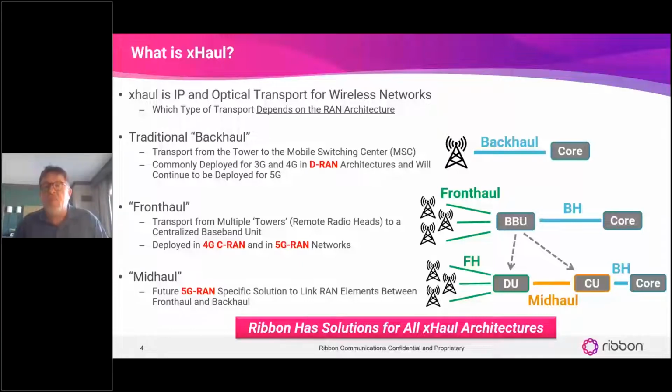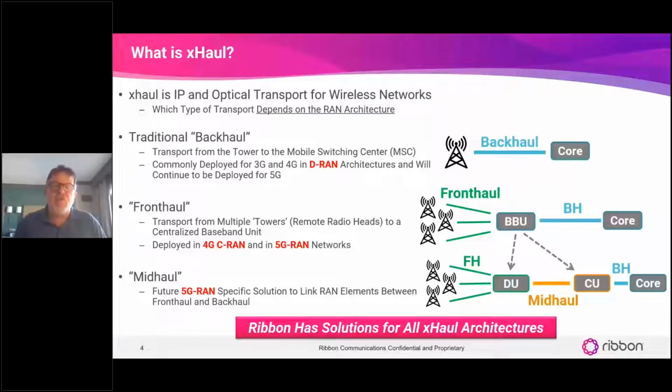Again, one more level of the capability to administer one device and serve many locations over a hierarchical network. So once we've split that BBU into a DU and a CU, then the connection between those two devices becomes mid-haul, right?